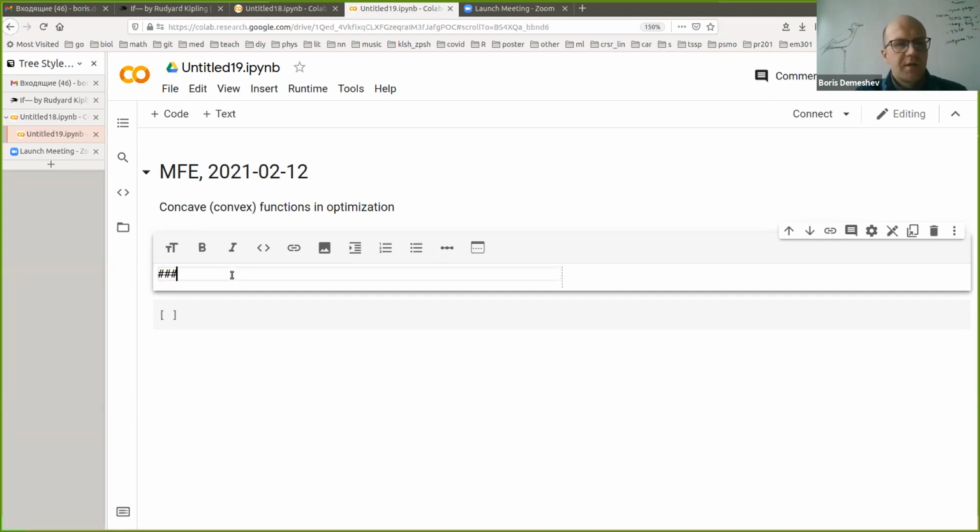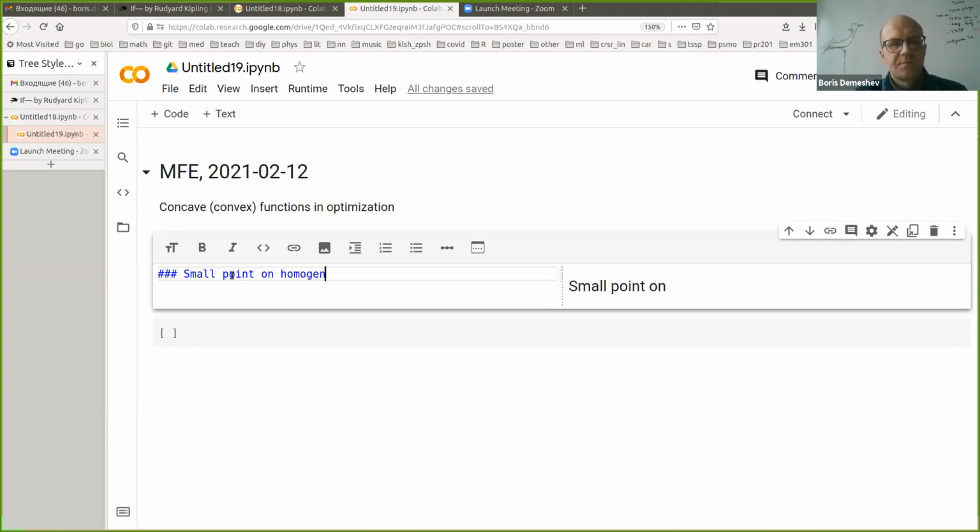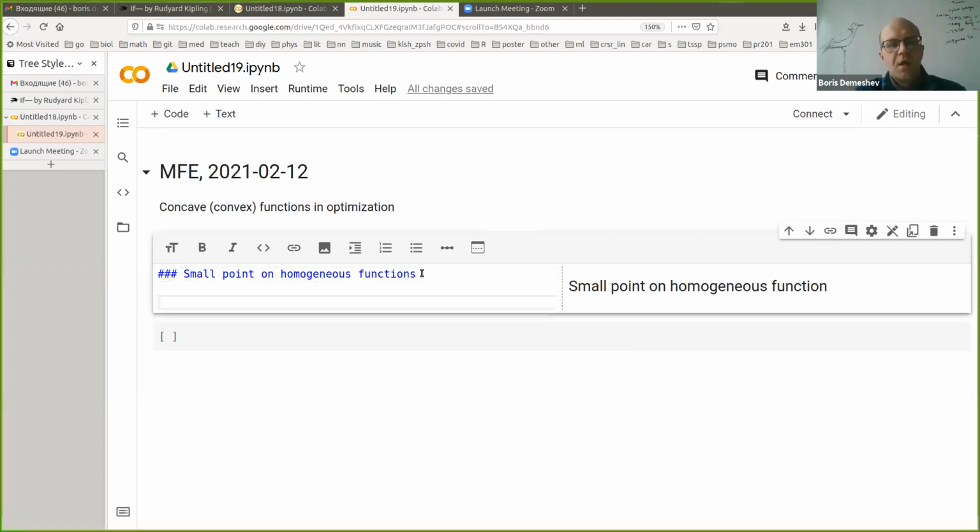Just a small point on homogeneous functions. Okay, I will just move some windows.